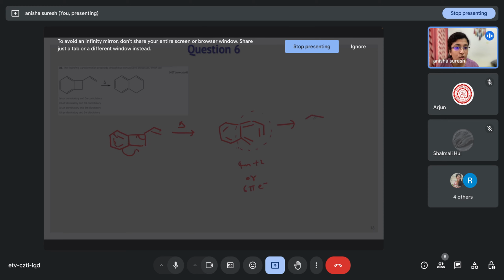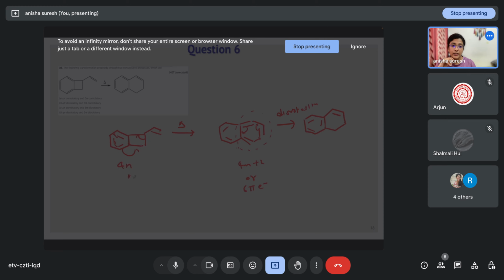So it will undergo disrotation under thermal condition leading to formation of, so this electron will shift, this electron will shift here, and this electron will shift here, leading to formation of this product.